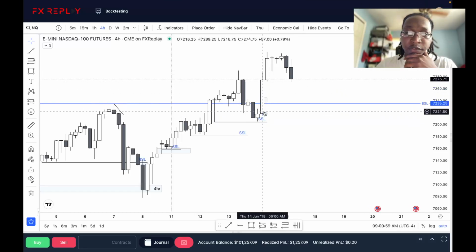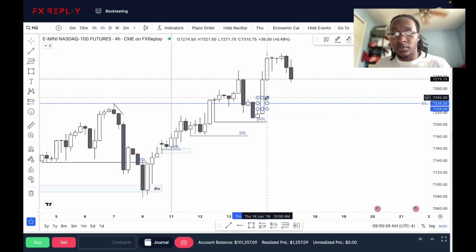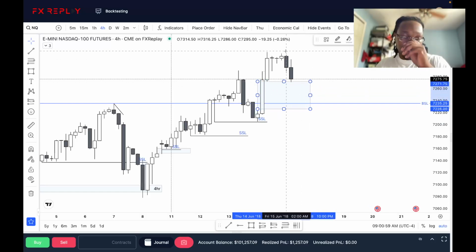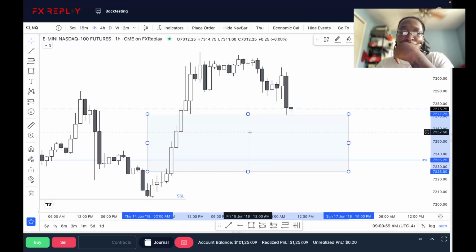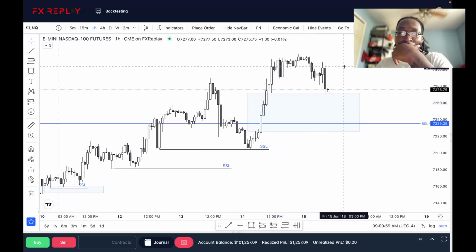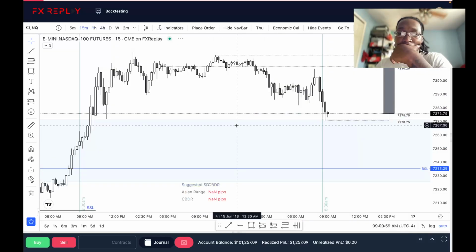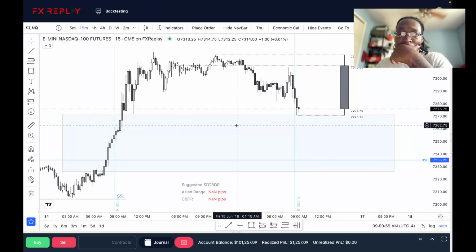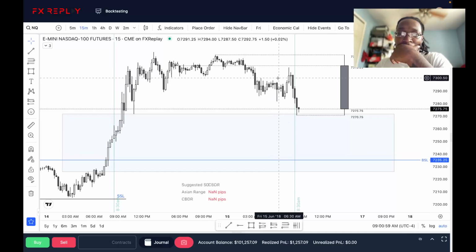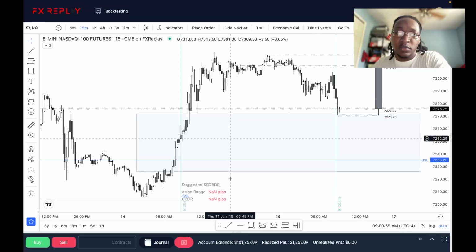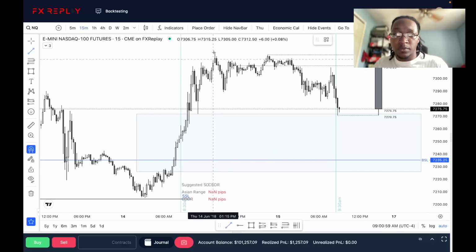Trading down into this inefficiency here. Relative equal highs above us, relative equal lows below us.